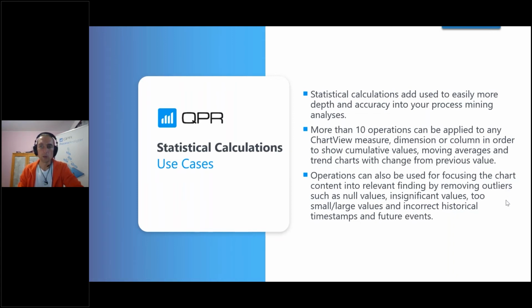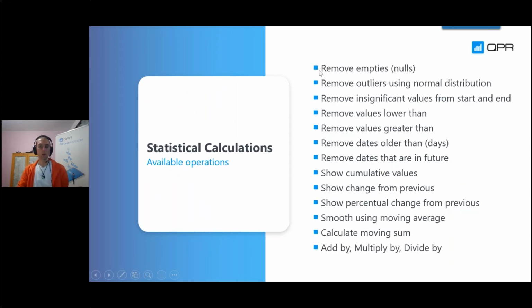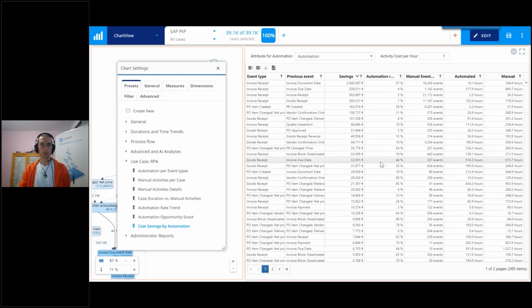And the other thing is that you can focus the chart content to relevant findings, removing outliers, null values, insignificant values, too small, large values, and so on. So all of this is now being done with the statistical calculations. And the full list of those statistical calculations are these 15 operations. So these are all available, and without further questions, let me show you how they work in the demo.